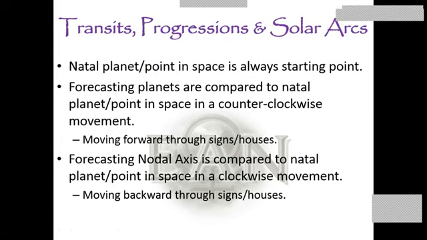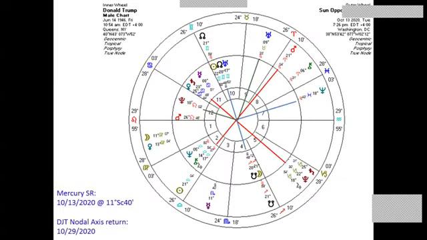And with forecasting planets, we compare them to that natal point, that 0 point, in a counterclockwise manner, okay? Moving forward through signs and houses. And if we're working with the forecasting nodal axis, we move that in a clockwise movement, reversing through the signs and the houses.